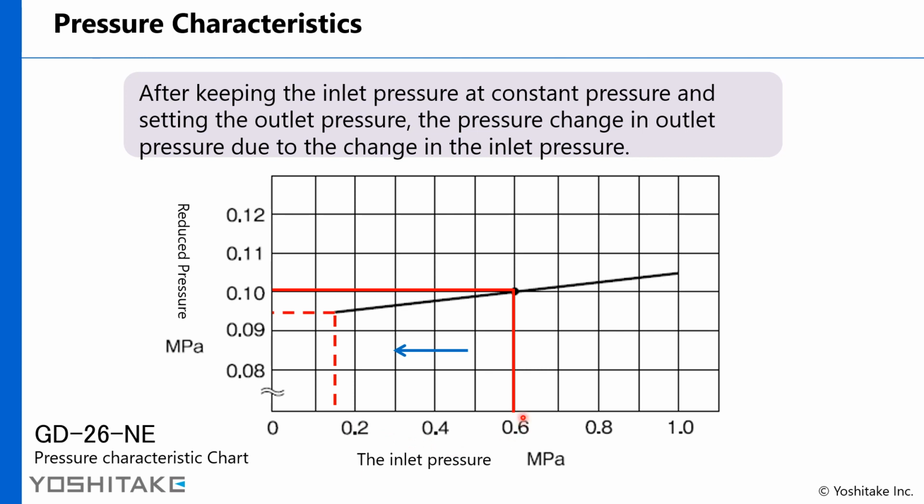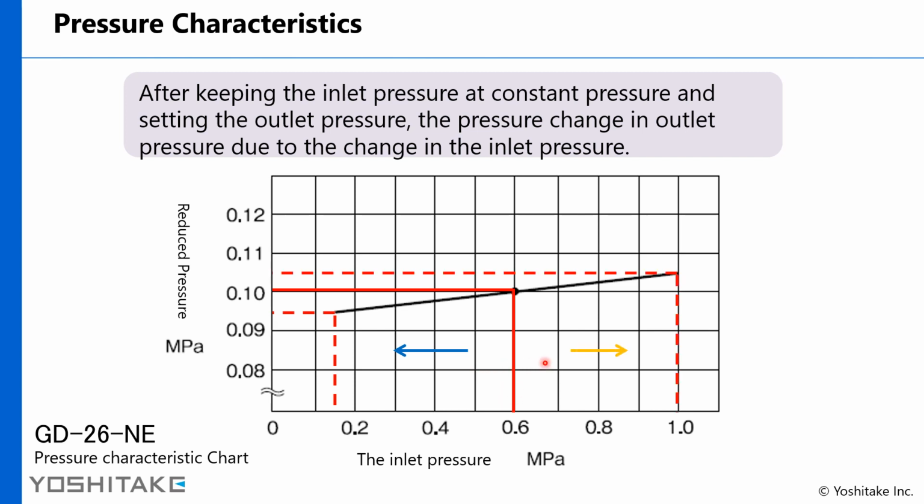When the graph goes to the left side, the pressure will decrease. So it means from 0.6 megapascal to 0.15 megapascal, the reduced pressure will be 0.095, changing from the set pressure 0.1 megapascal.